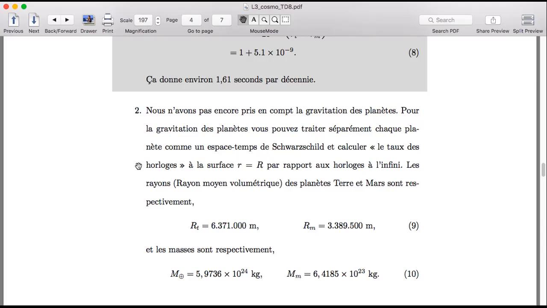But there are different amounts of time in the same amount of coordinate time, depending on where you are in the gravitational field. That's what this spatial curvature or space-time curvature is all about. Okay, so let's take that into account.